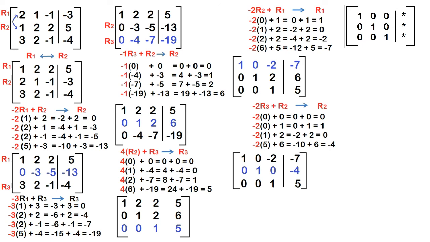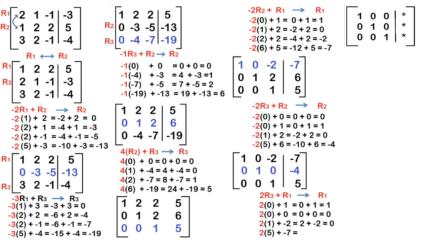To make -2 equal to 0, add its opposite. 2 times row 3 plus row 1 to replace row 1. 2 times the numbers in row 3 plus the numbers in row 1 is equal to 0 plus 1 equals 1, 0 plus 0 equals 0, 2 plus -2 equals 0, 10 plus -7 equals 3.